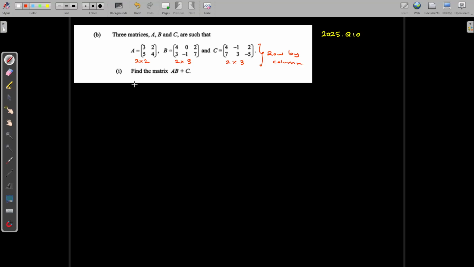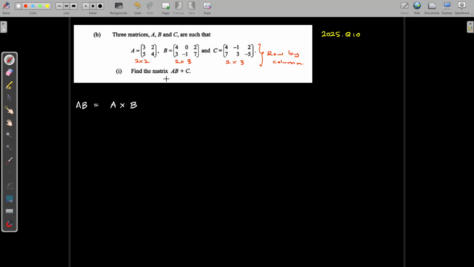Alright, so next they want us to find matrix AB plus C. So what we have here is multiplication and addition. So we must first find matrix AB. AB is telling us that we need to multiply A and B. So this is what we need to find first.